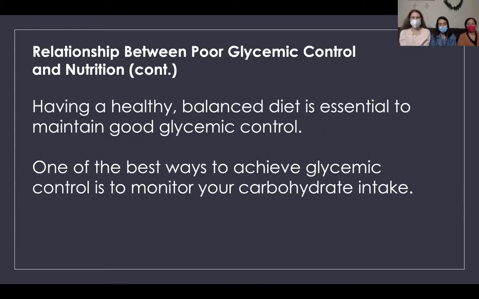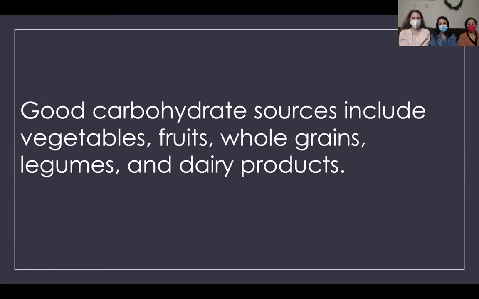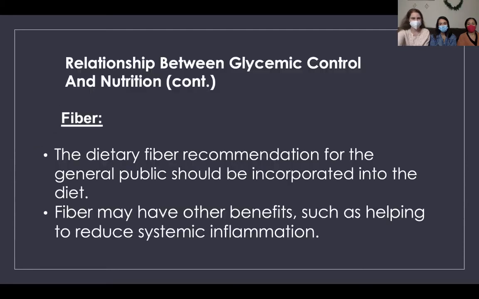Having a healthy, balanced diet is essential to maintain good glycemic control. One of the best ways to achieve glycemic control is to monitor your carbohydrates intake. Good carbohydrate sources include vegetables, fruits, whole grains, legumes, and dairy products.